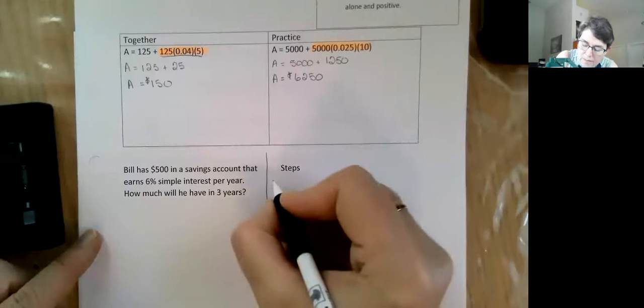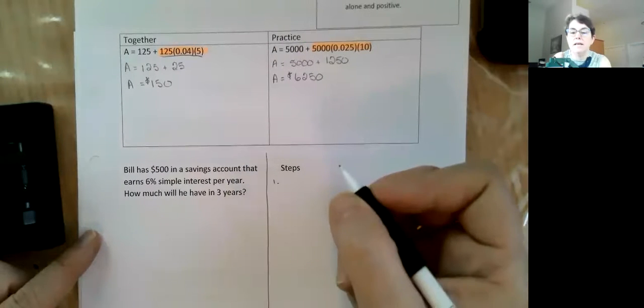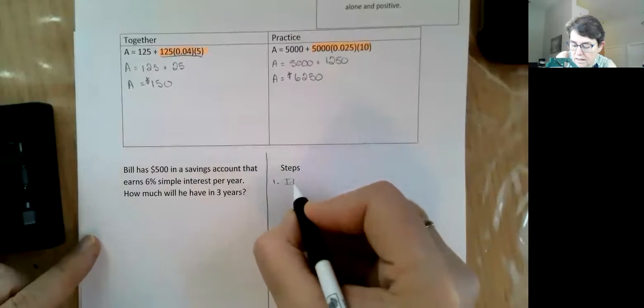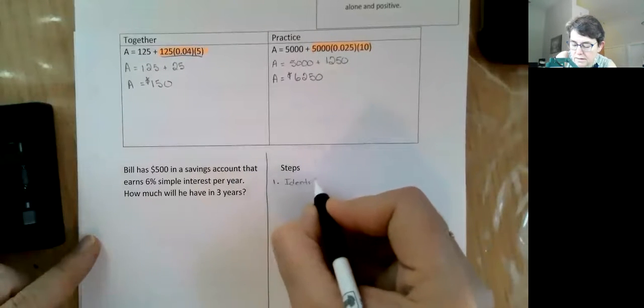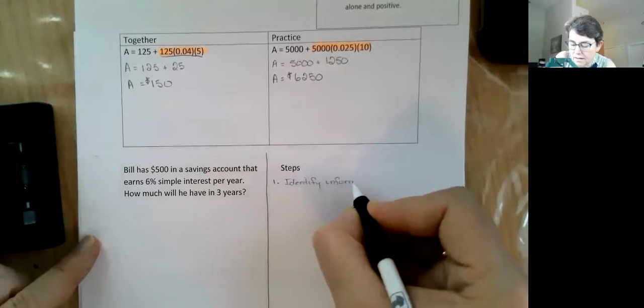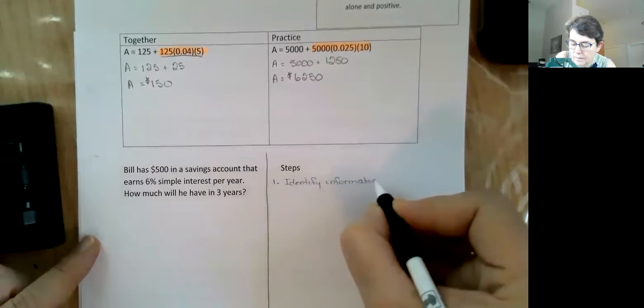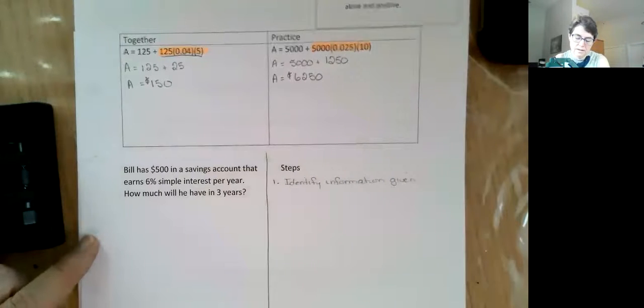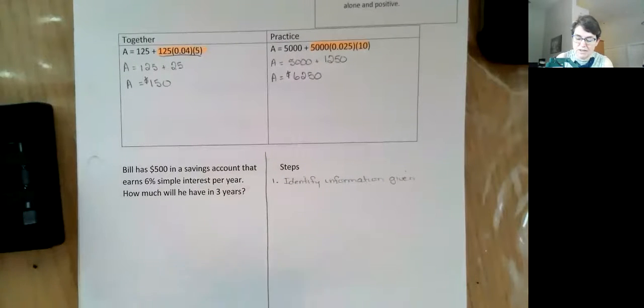So number one, what I would do first is identify the numbers in the question, the information. You're looking for the numbers.